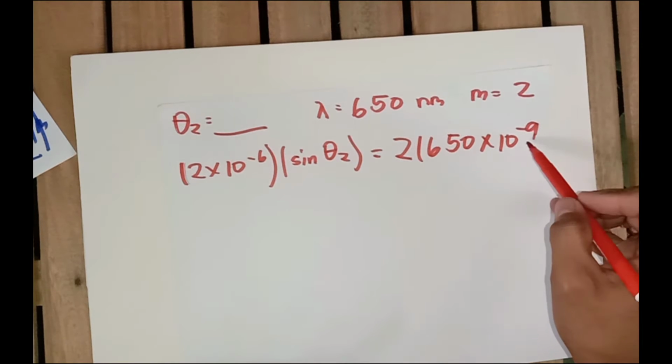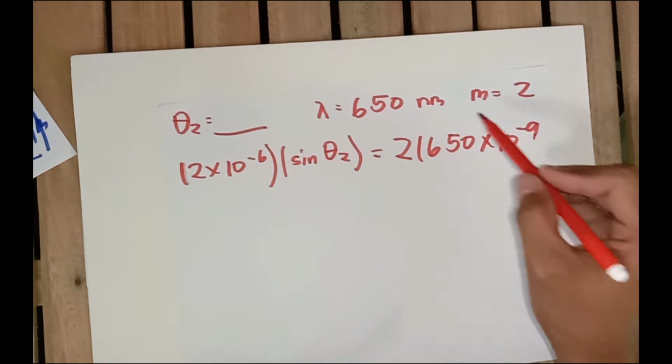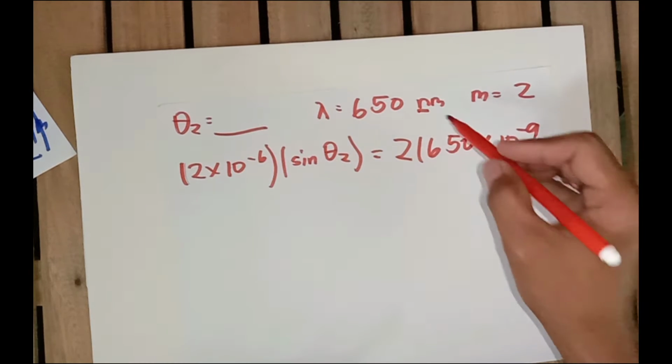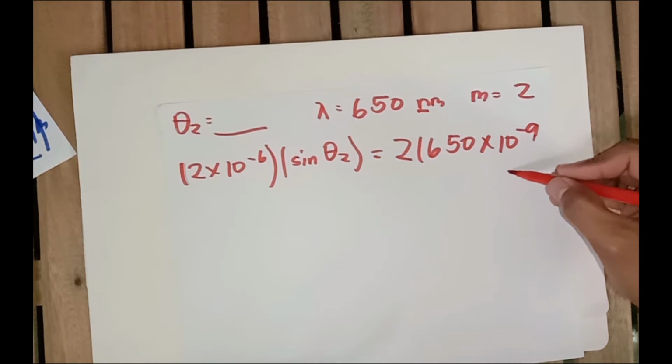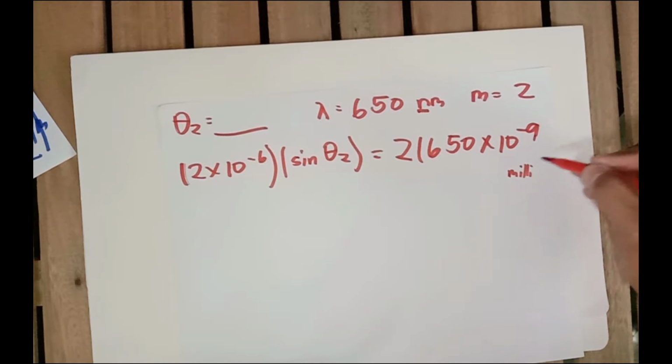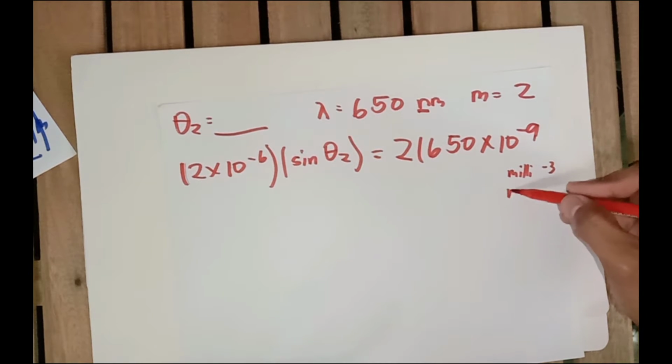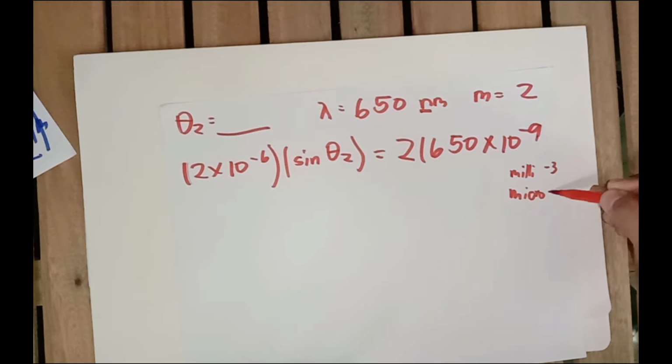You are wondering why there's negative 9 here. It's because nano means 10 to the negative 9, milli is negative 3, micro negative 6, and so on and so forth.